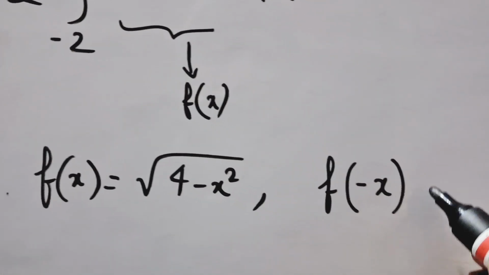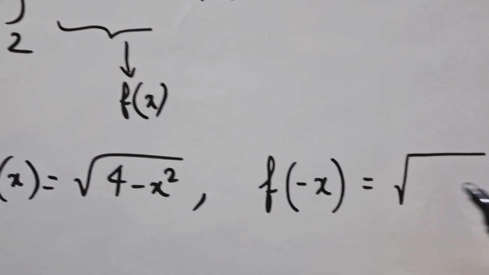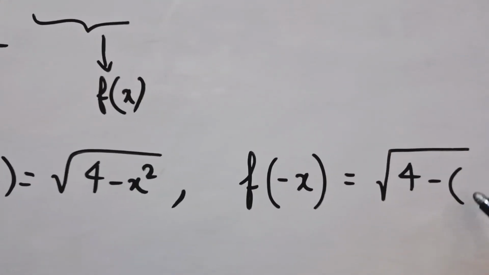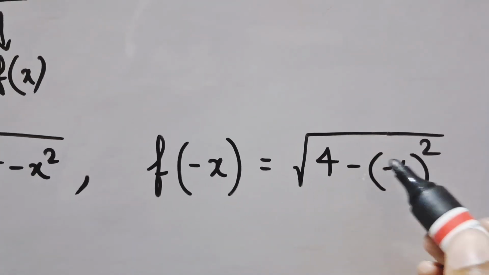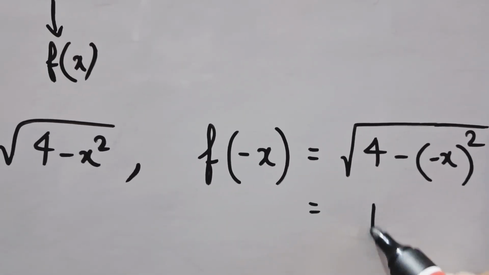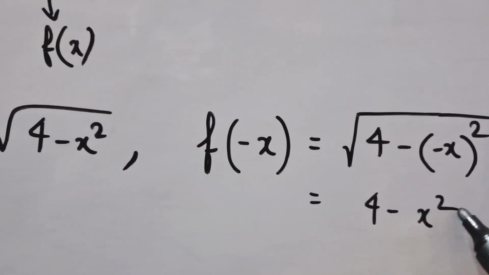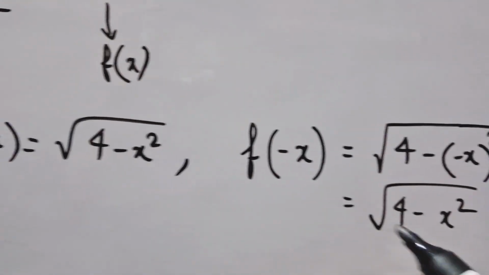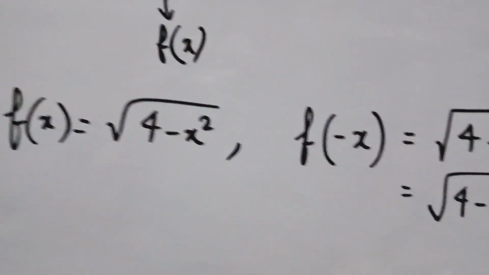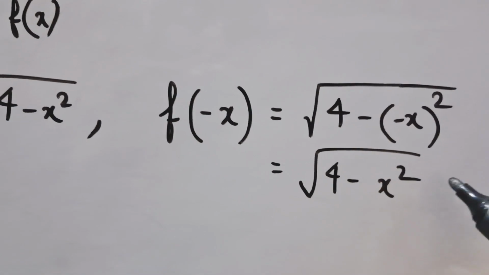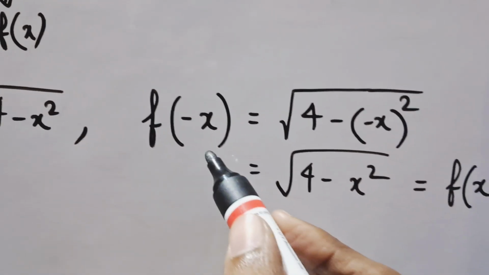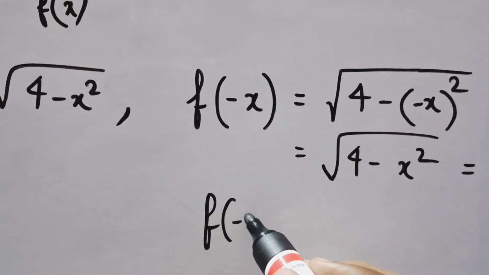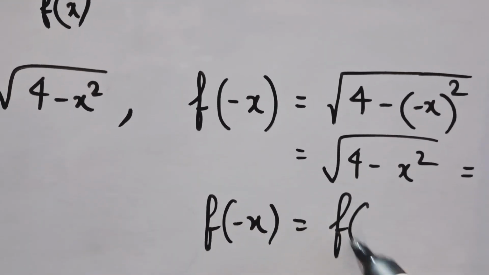F of minus x will be square root of 4 minus, in place of x we just put minus x, and minus x whole square is nothing but x square only. And what is this? We started with f of x and we ended with this same f of x. So f of minus x is nothing but f of x.